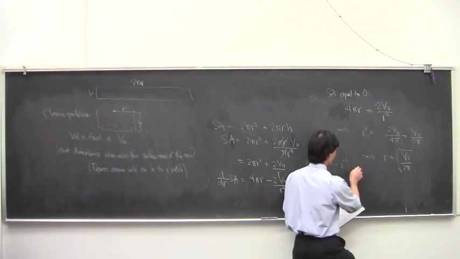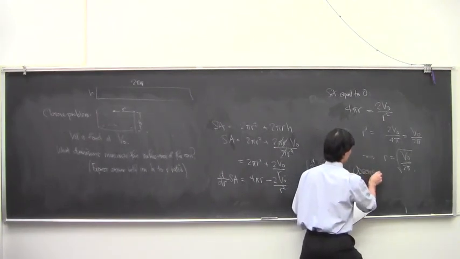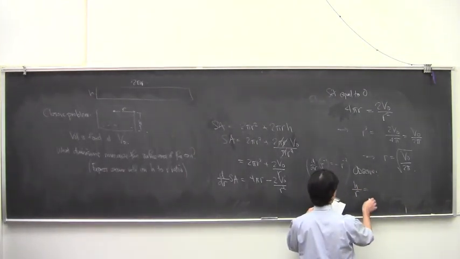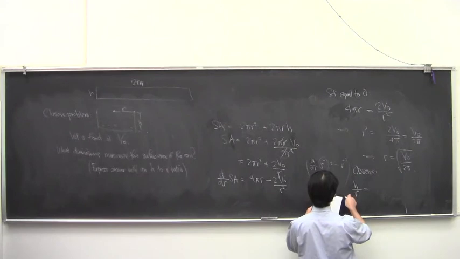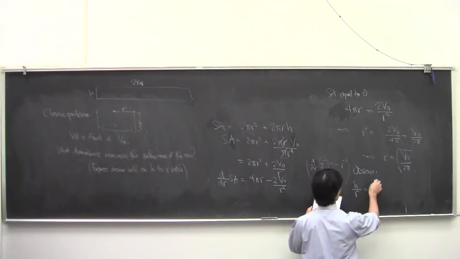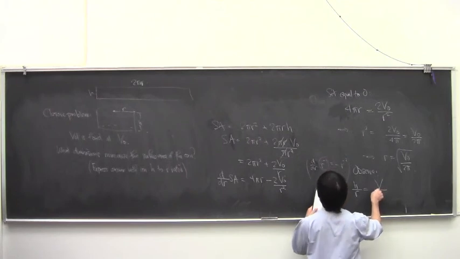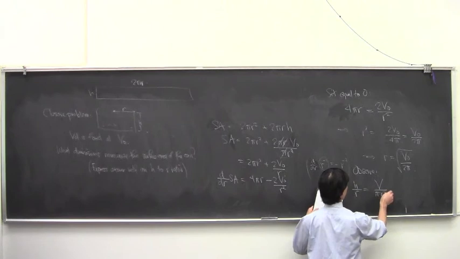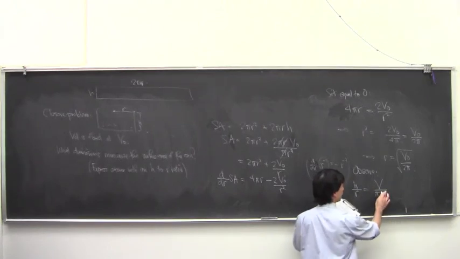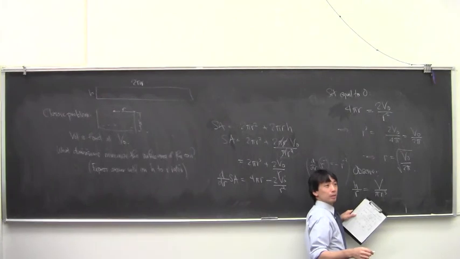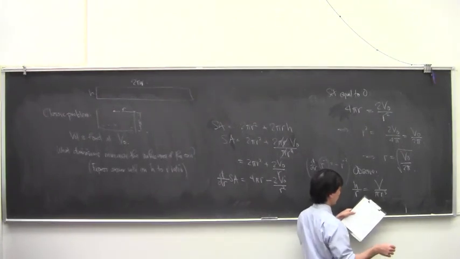Okay. So something cool happens. Observe. If we look at the ratio of h over r, what is that? That's going to be h. H was v over pi r squared divided by r again. So we get v over pi r cubed. Okay.